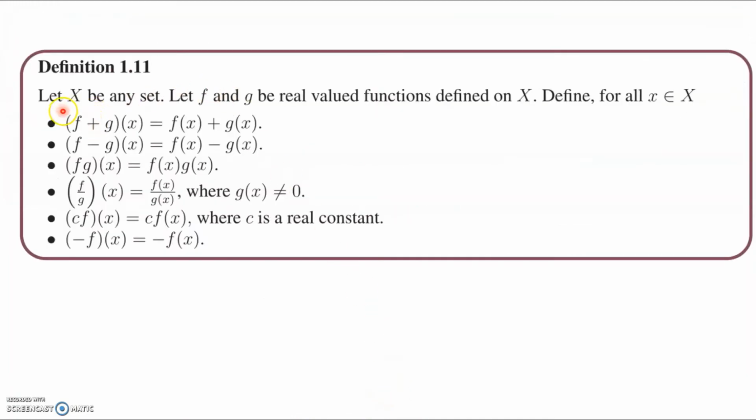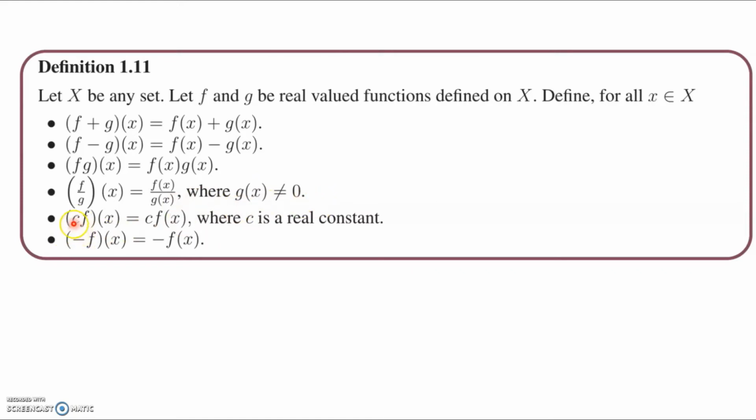Now, some definitions. Let X be any set. Let f and g be real valued functions defined on X. Define, for all x belonging to X: (f plus g) of x is equal to f of x plus g of x. (f minus g) of x is equal to f of x minus g of x. (f into g) of x is equal to f of x into g of x. (f by g) of x is equal to f of x by g of x, where g of x is not equal to 0.